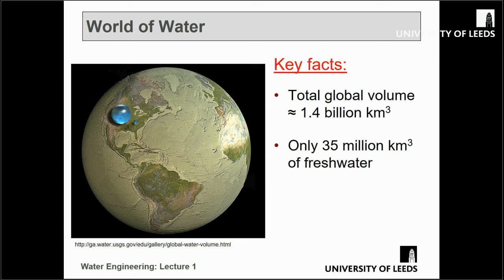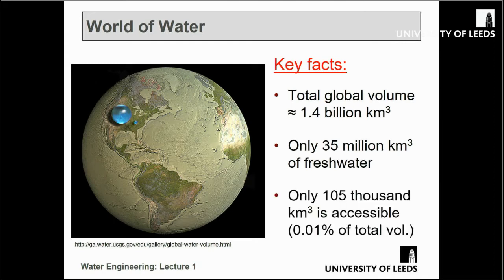Only 35 million cubic kilometres is fresh water, that smaller sphere, the stuff that we want to get access to, manage, and use mainly for human consumption or growing plants.